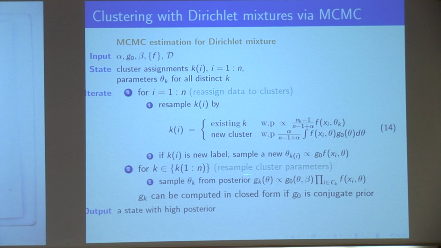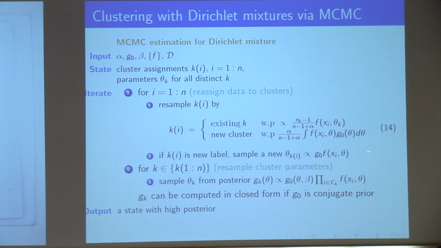Then the next step is getting new cluster parameters. Because I'm doing Bayesian estimation, I don't want to just get a value for the parameter. I would like to get a distribution for the parameters. And that distribution is represented by actually getting a sample from it. If I could represent the distribution in closed form at this point, I would. But I can't, so the best we can do is get a sample.